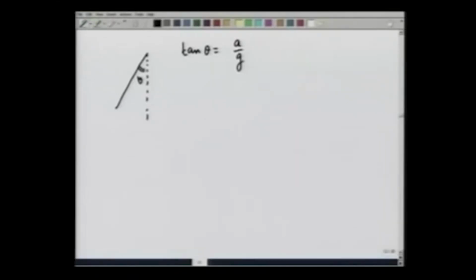If I look at it from the gravitational field point of view, the pendulum is actually in a gravitational field which is the sum of these two gravitational fields, acceleration g this way and acceleration a this way. So the net gravitational field is the sum of these two, and that is in this direction, which is shown here by the big arrow.